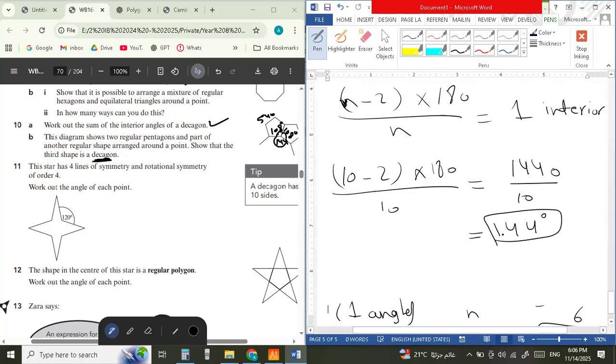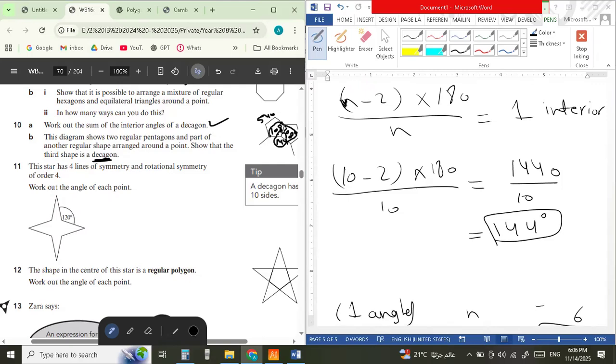So I proved that this polygon is actually a decagon because I found that this is 108 degrees, one interior angle in a pentagon, and this is 108 degrees, the interior angle of the other pentagon.